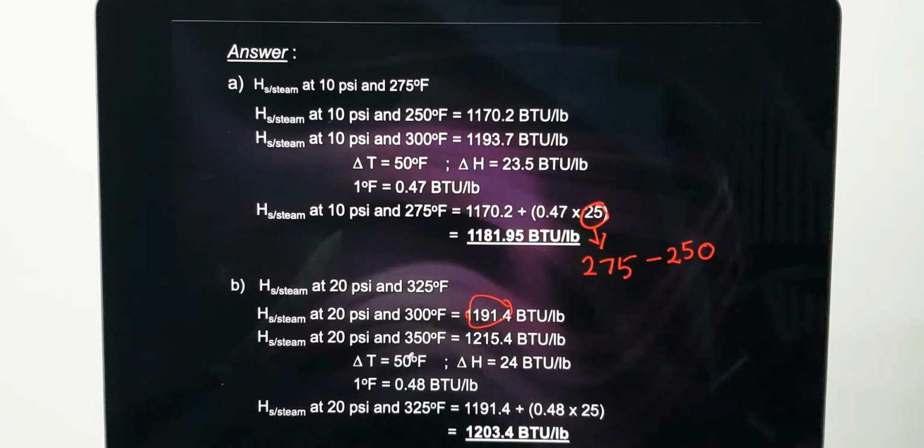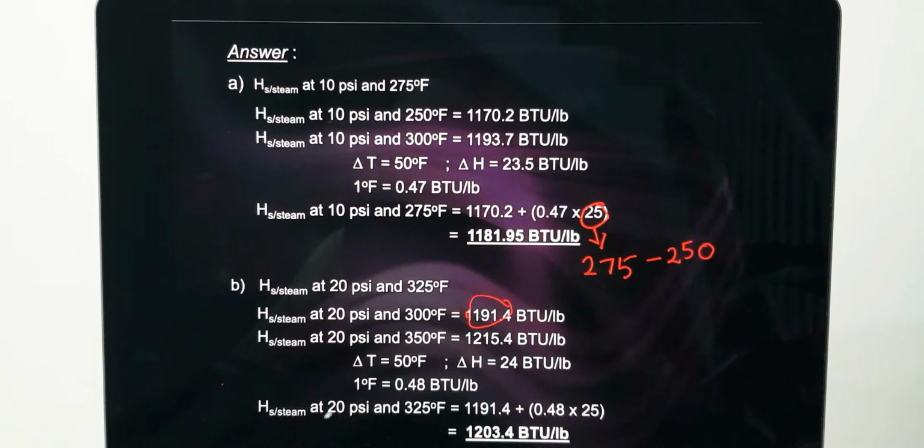Again, the same steps apply. Calculate the temperature difference between these two temperatures and then calculate the enthalpy difference. Please make sure that you don't forget the unit, and calculate what the enthalpy value will be for every increment of 1 degree Fahrenheit.